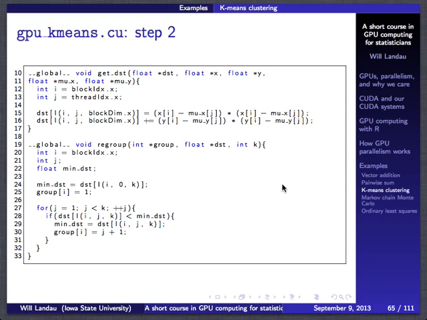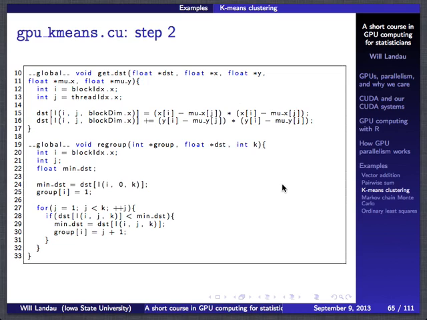And i is the index for your point. And this code is sequential across clusters. What I do is just calculate the minimum distance between point i and all the clusters. And the cluster with the minimum such distance is the one that point i gets assigned to. That's all this is doing.